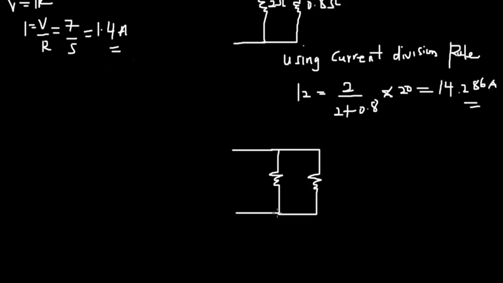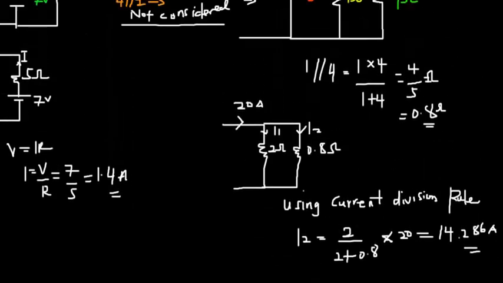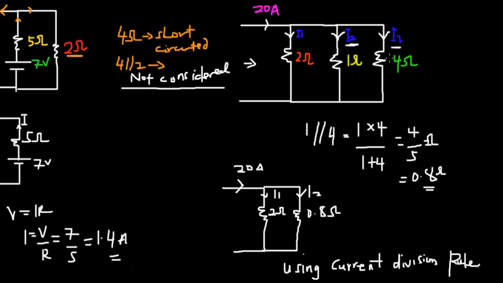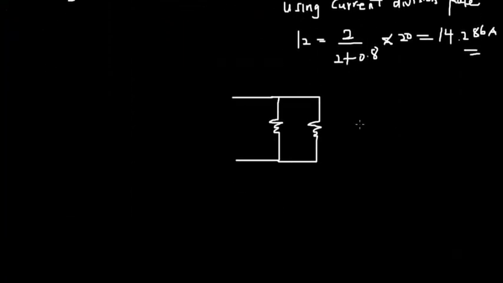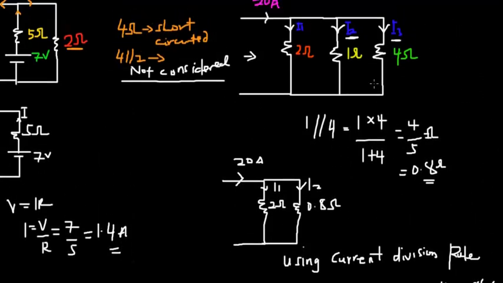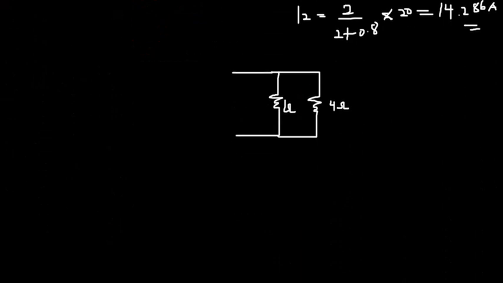I'm redrawing this portion of the circuit because I want to find I3. So we have 4 ohms and 1 ohm.